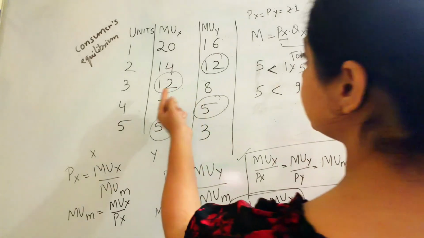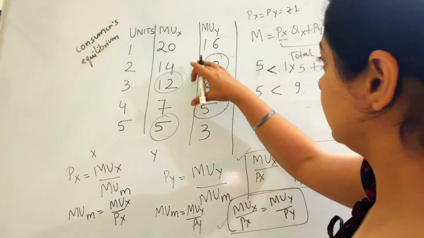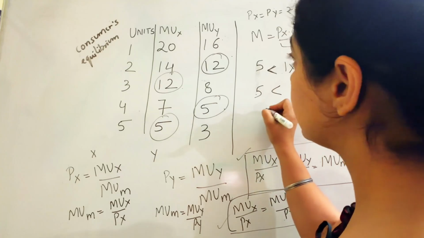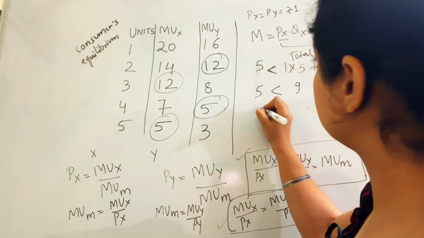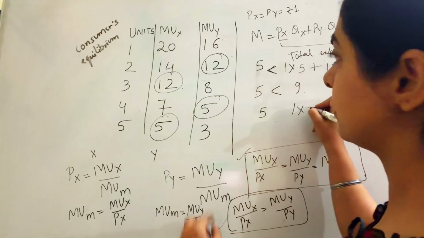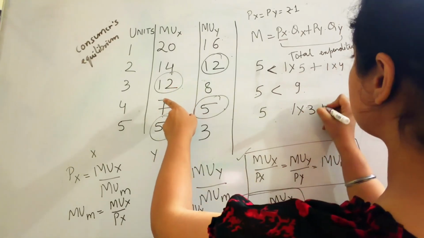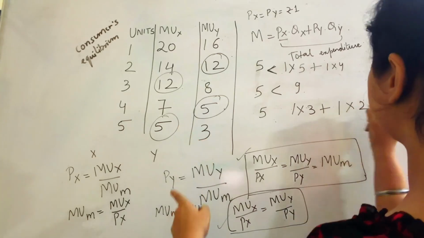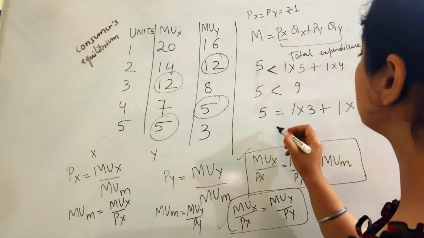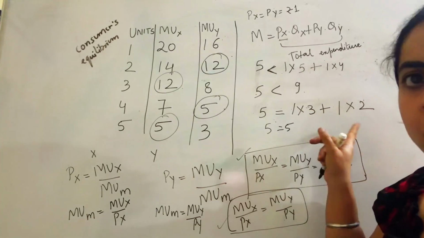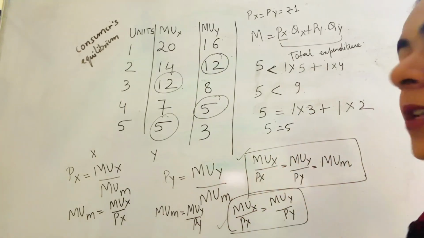Now let's look at this combination, 12. Here again the price is 1, and then we have 3 units plus again 1 multiplied by 2 units of Y, and now the consumer is in equilibrium since the total expenditure on both the goods is equal to what he could actually spend on them.